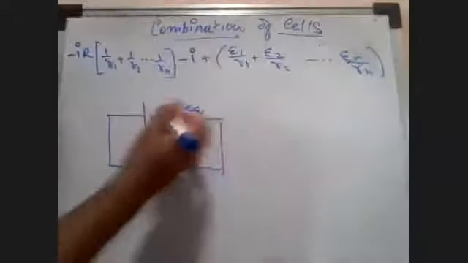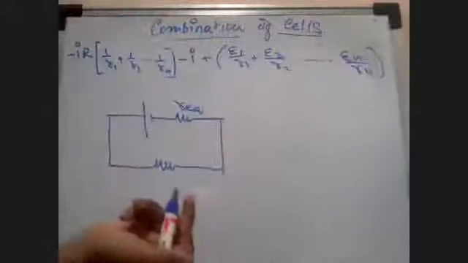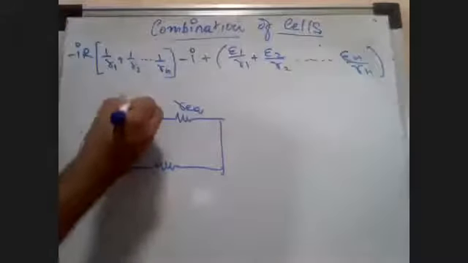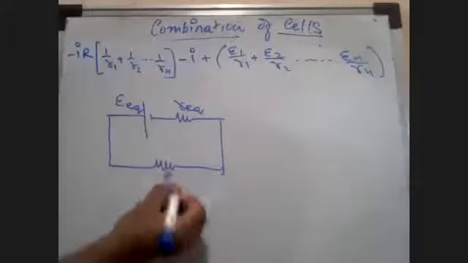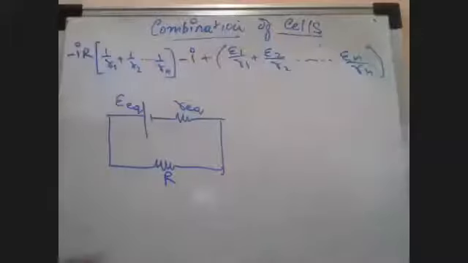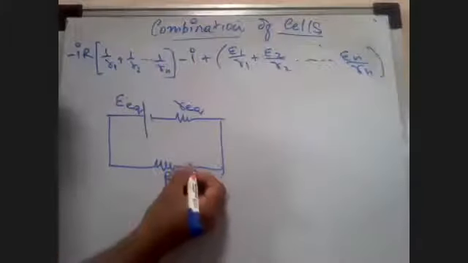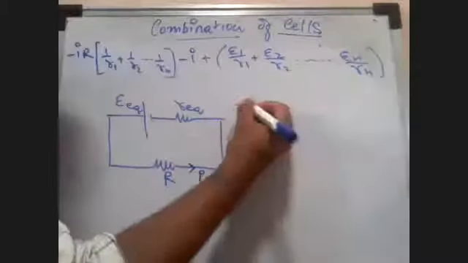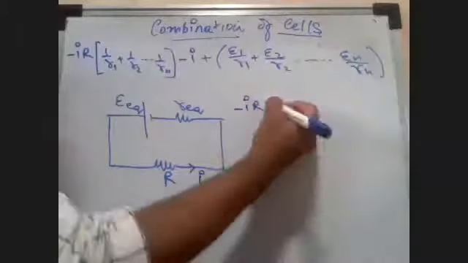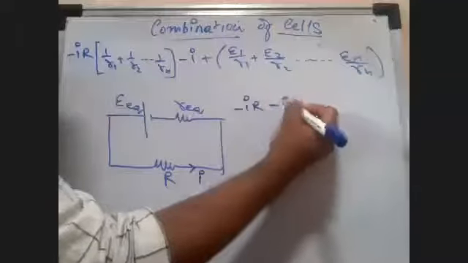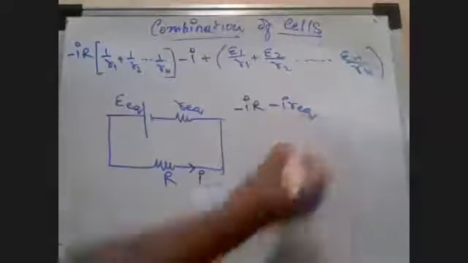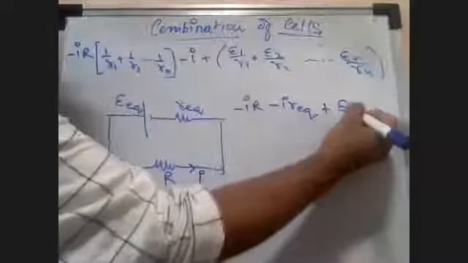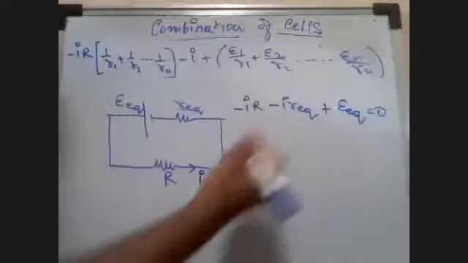Even if I take out the parallel resistances, I'll get some R equivalent, some epsilon equivalent, and of course some capital R over here. So in this case, can you tell me the expression if I consider I like this? What will I get again? Minus I times R, and then minus I times R equivalent, and then plus epsilon equivalent equals 0. So will I get this?